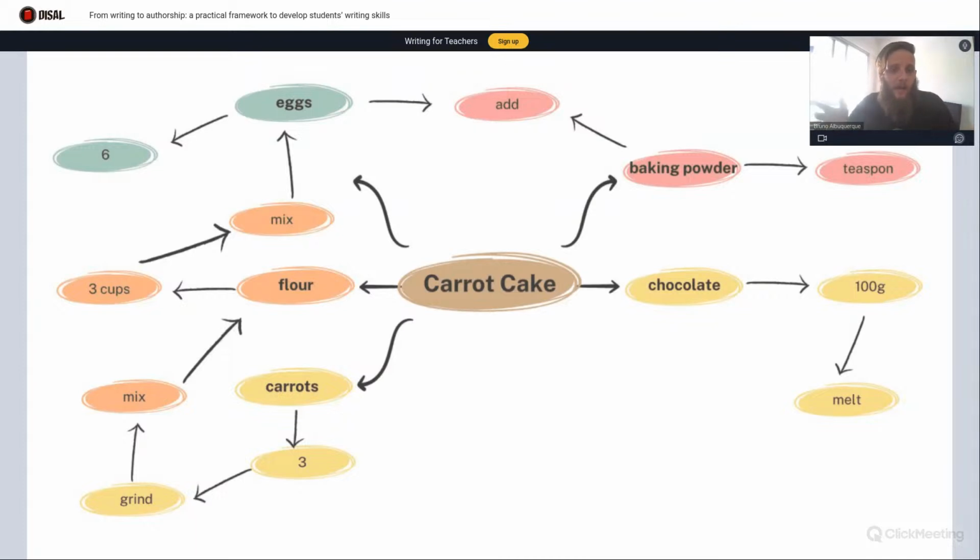And then we had a short speaking activity in which they would teach their partners in pairs their recipe, right? So, oh, it's a carrot cake. You need chocolate, baking powder, flour, and eggs. You need 100 grams of chocolate. You need a teaspoon of baking powder.